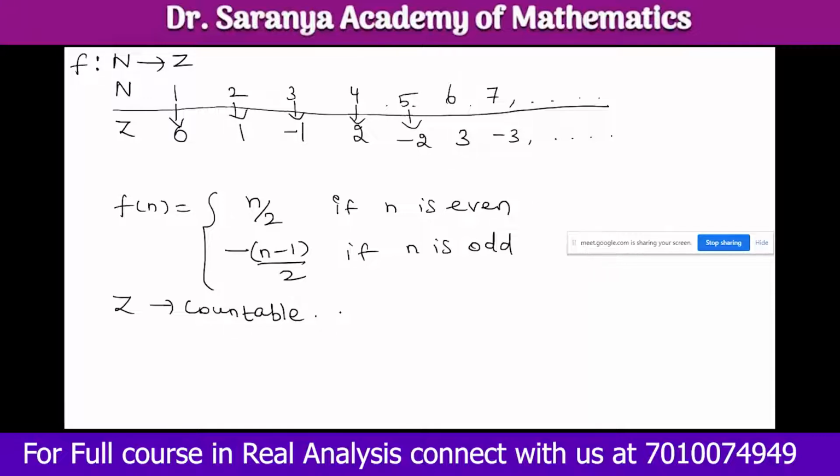So next one, rational numbers. How can we map the rational numbers? We need to map with rational numbers, then we can say whether it is a one-to-one correspondence or not.